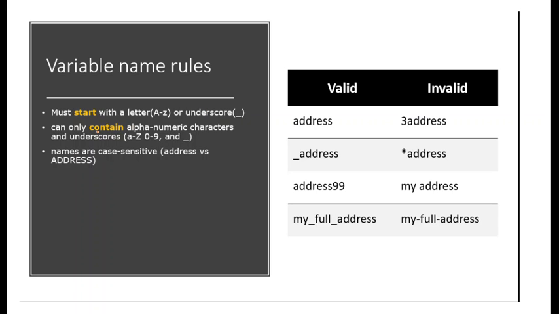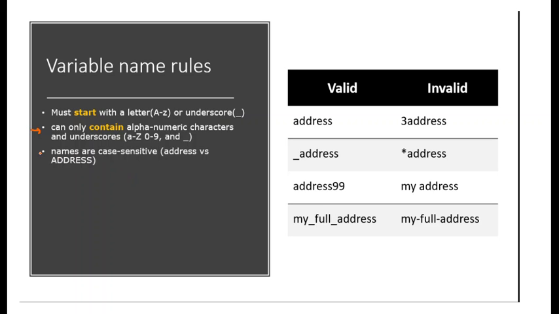Second rule is that the variable can contain either alphanumeric characters and underscores and nothing else. So it can contain letters, underscores, or numbers. But for example, symbols like question mark, slash, hyphen are all not allowed when it comes to variable naming.